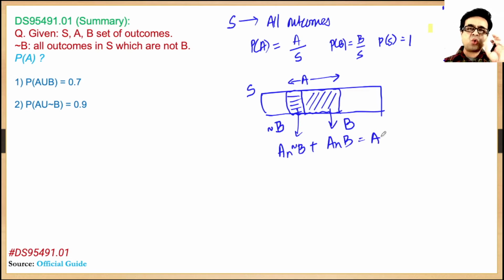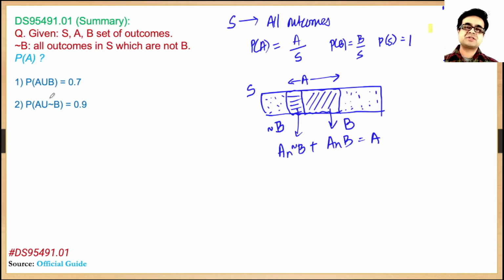Okay, this is the only situation where I'm going to draw the diagram. For the rest of the items, I'm just going to use set formulas rather than confusing myself with further diagrams. However, just for the sake of completeness, what would be tilde A? Tilde A would be all outcomes in S which are not A. So the dotted portion would be tilde A. We don't need it, but just in case you were wondering.